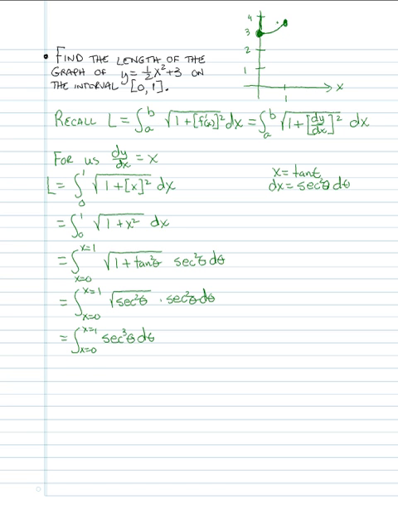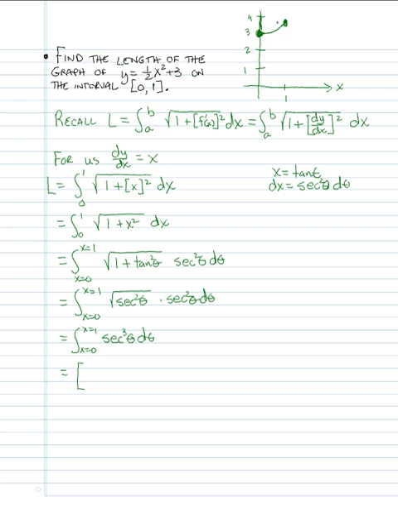Now, we have a bit of a choice to make here. Let's go another step, though, before we go any further. The integral of secant cubed theta, from your notes, is an important integral that we see very often.